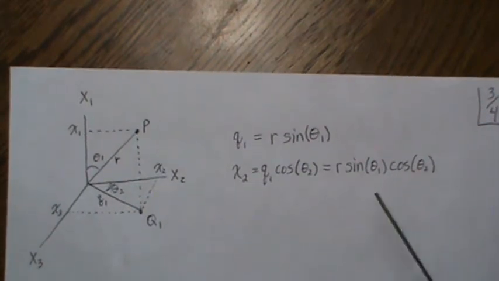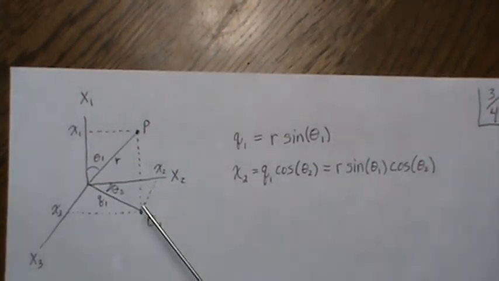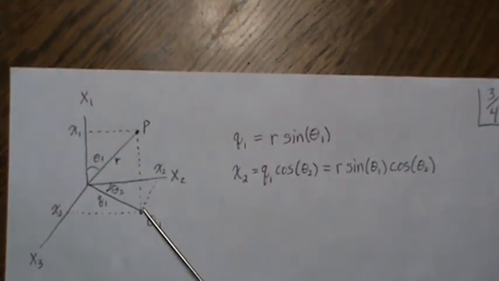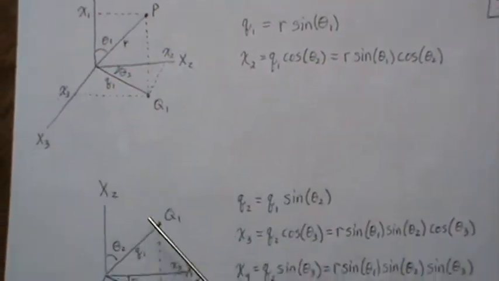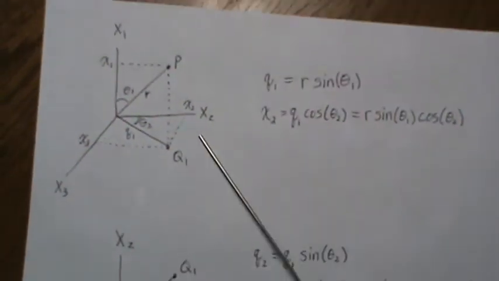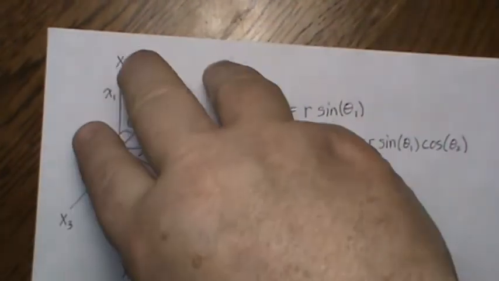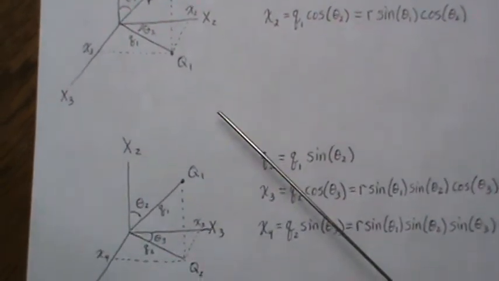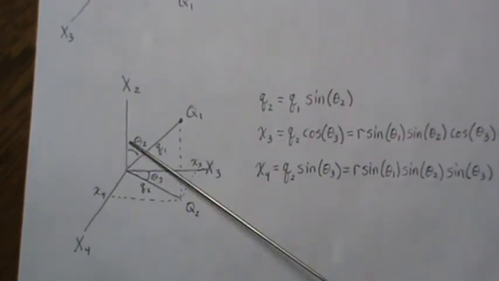Now x3, this is the interesting one. Now this is in the x2, x3 plane. We're going to project that down to the x3, x4 plane. Essentially what we're doing is taking this and rotating it somehow, making it north-south, and then the x3, x4 plane is here.